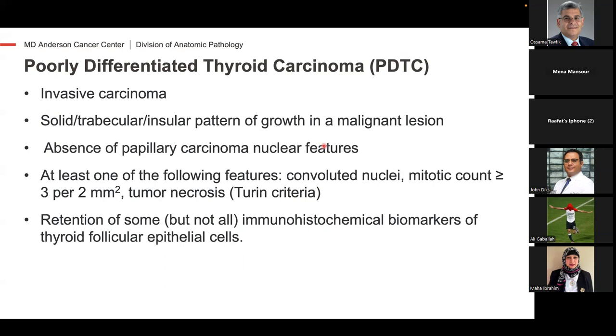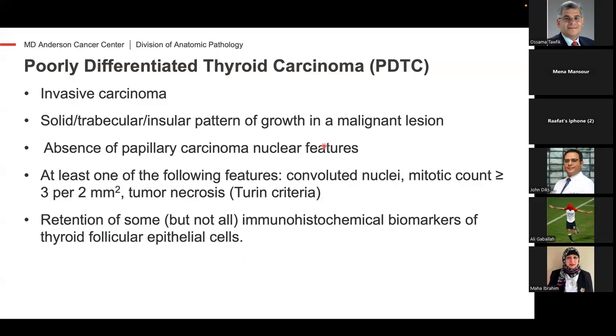But then you see a solid, trabecular, or insular pattern of growth. Once you see that, you should really look at certain things. Loss of papillary carcinoma nuclear features is also something that is associated with poorly differentiated thyroid carcinomas, right?